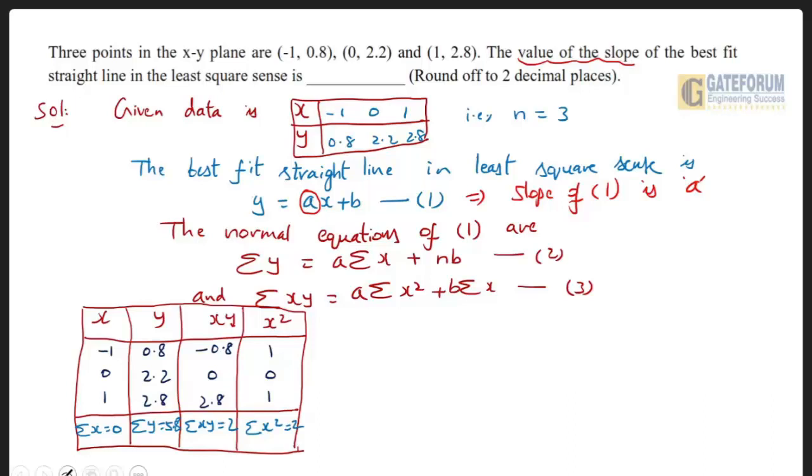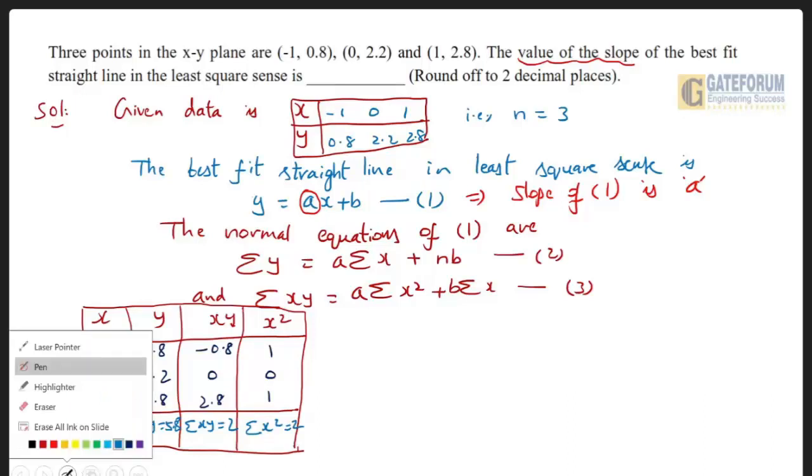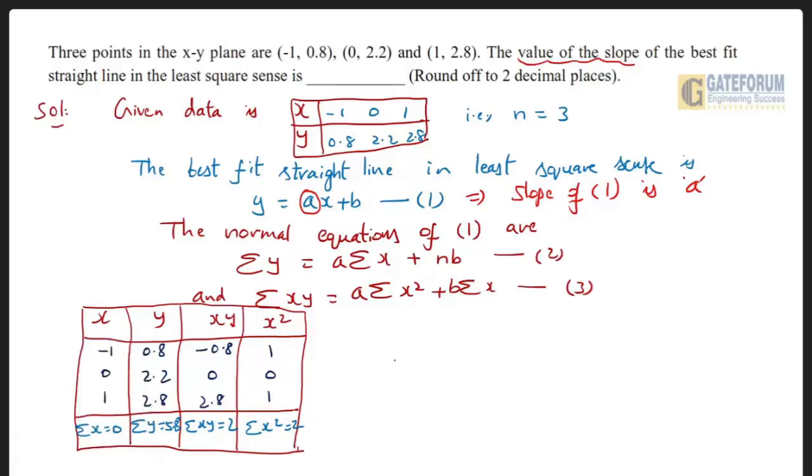Now, substituting all these in equations 2 and 3, it becomes 5.8 is equal to 3b.